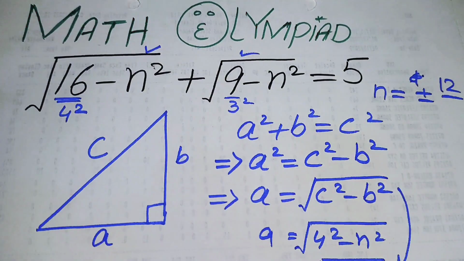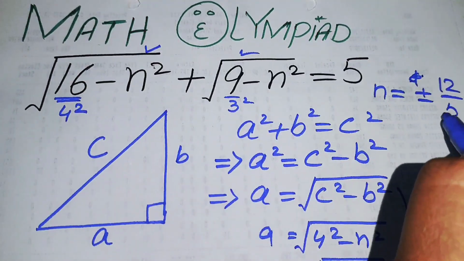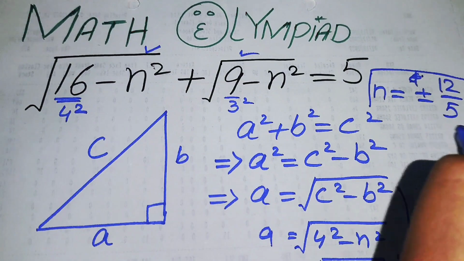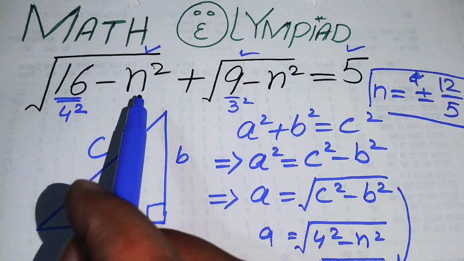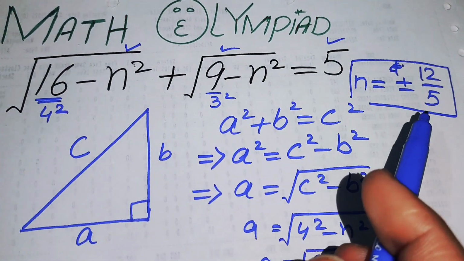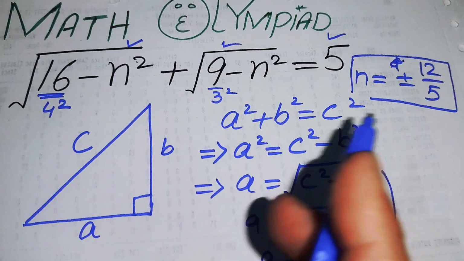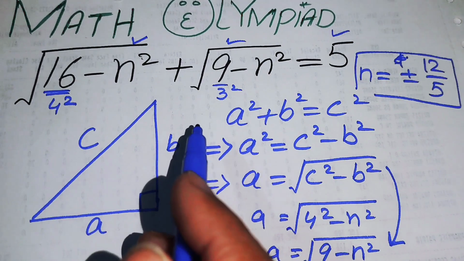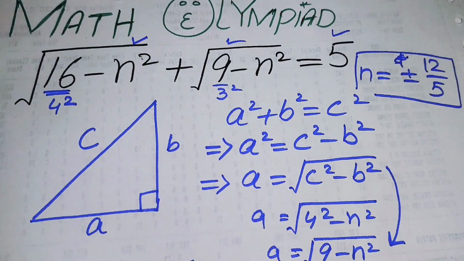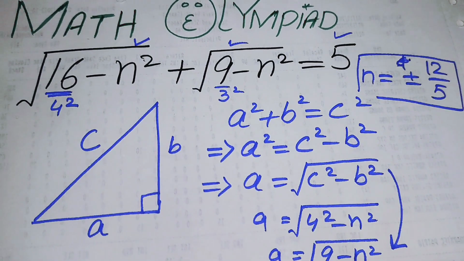It means that if you choose n equals plus minus 12 over 5, then our given question statement holds for both values. When you put positive 12 over 5, it gives 5, and when you put negative 12 over 5, it also gives us 5.